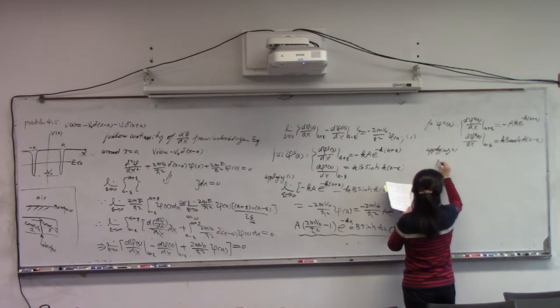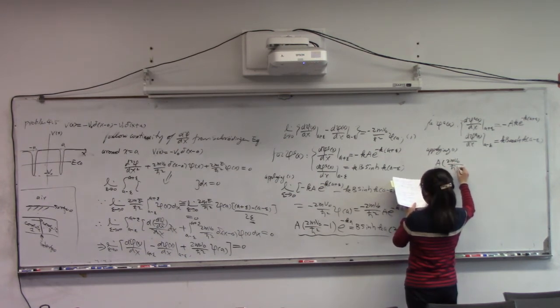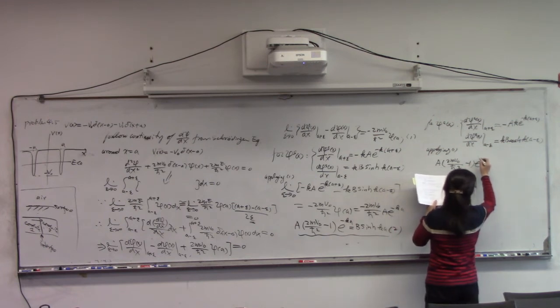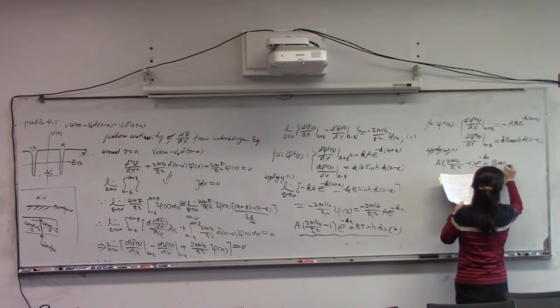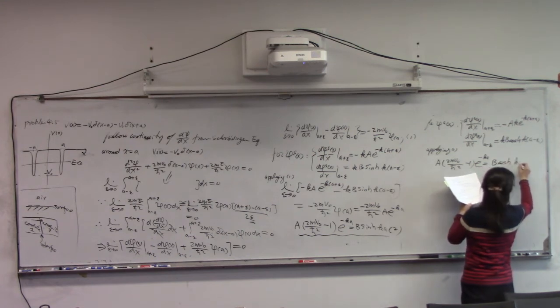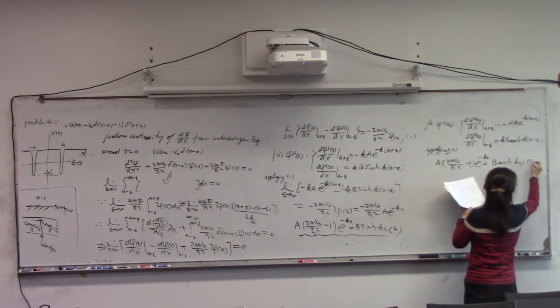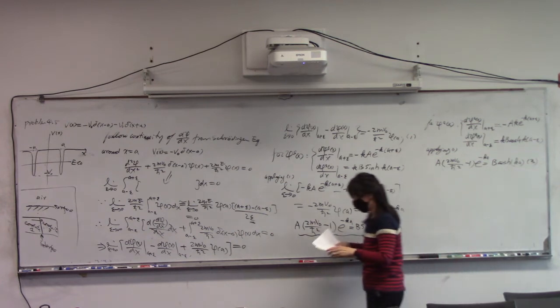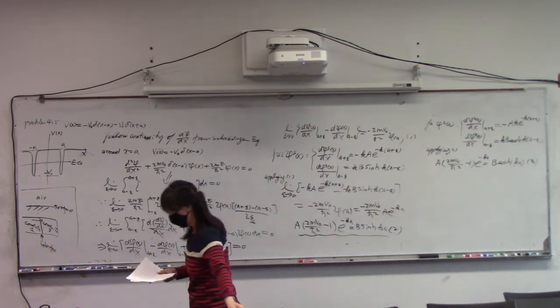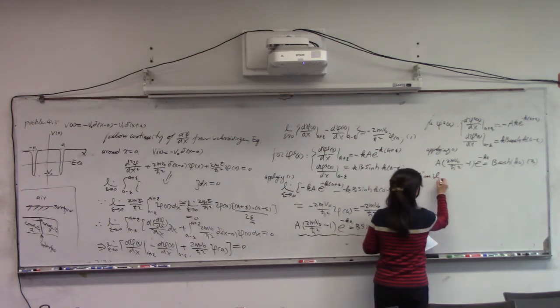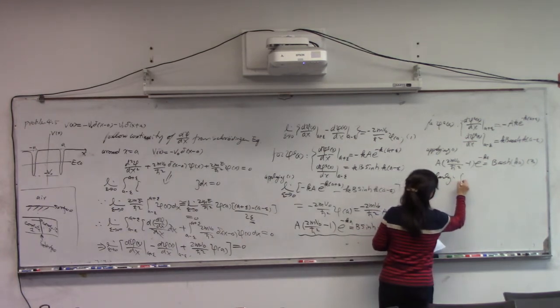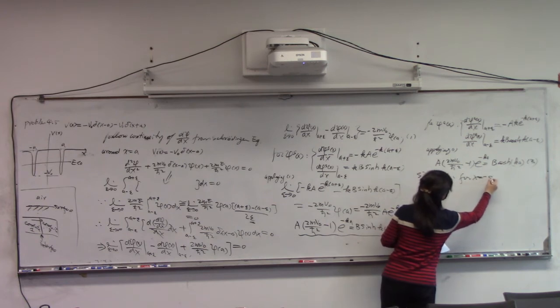We have a 2 mv0 over h bar square minus 1 exponential minus ka equal to b hyperbolic cosine ka. Now I'm going to say equation 3. Similarly, for x equal to minus a, we got the same.